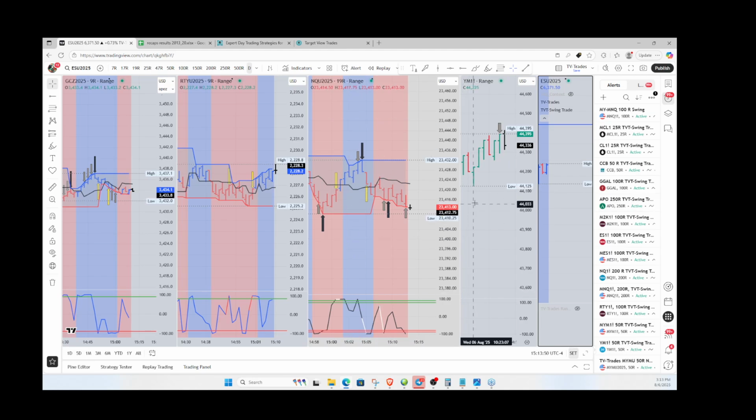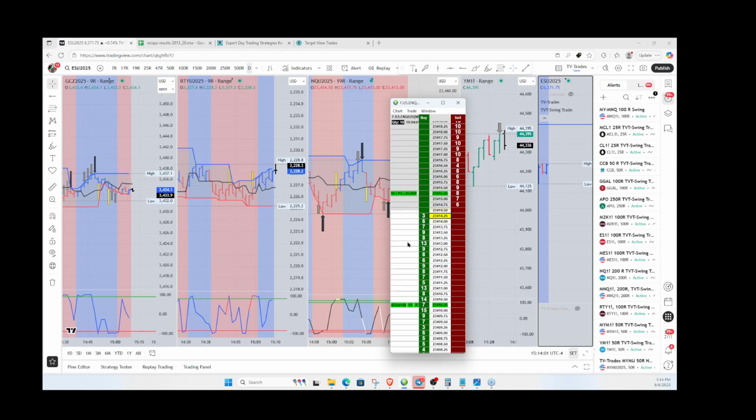So, I have a trade on right here. Did I have something waiting somewhere? Because I have an NQ trade on. Where's the NQ? I went long on the NQ. I'm long on the NQ. Ooh, I stopped to break even. Okay. I did have my stop.